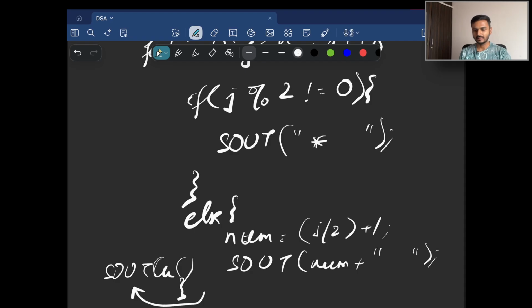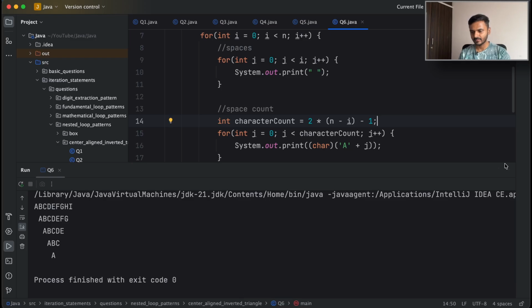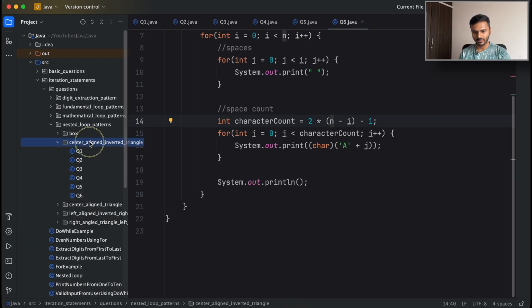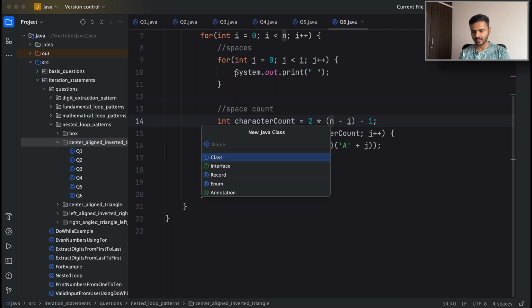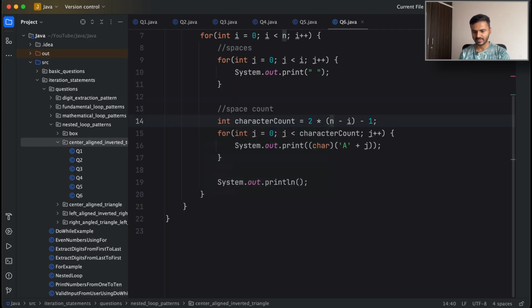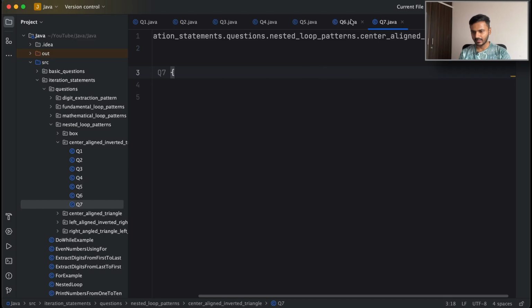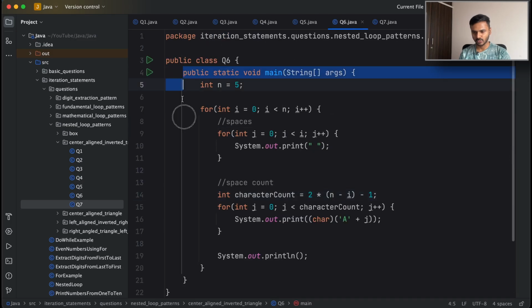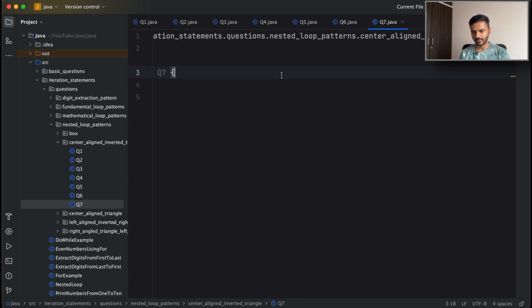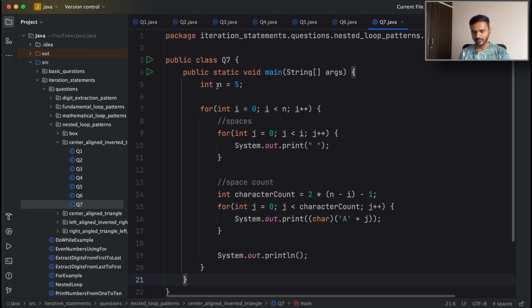So having discussed this, let us come back to IntelliJ. And over here, let's create a new Java class. Let's name this Q7. And let's grab the main method from Q6. Now here n is 5 and the number of spaces that we're going to print will increase.